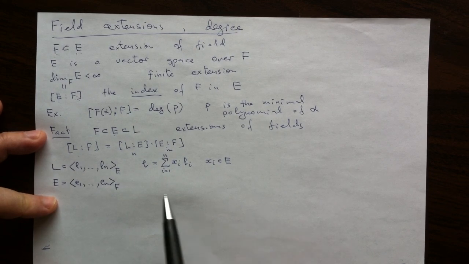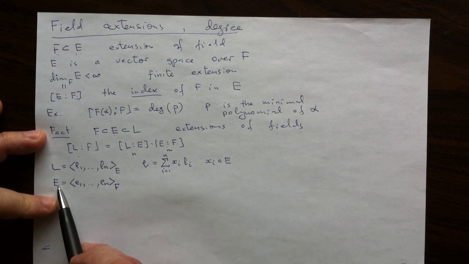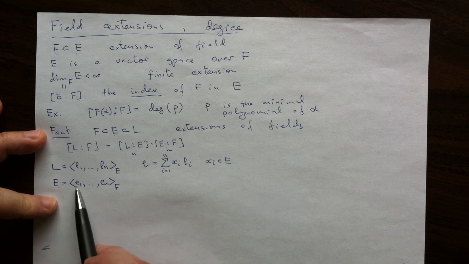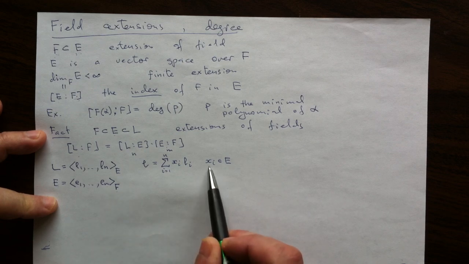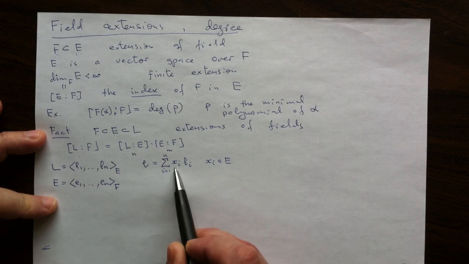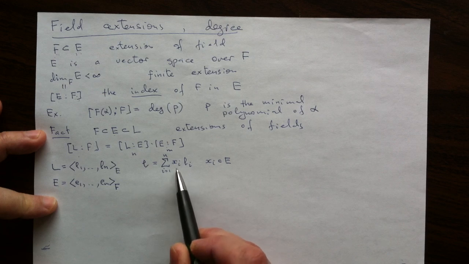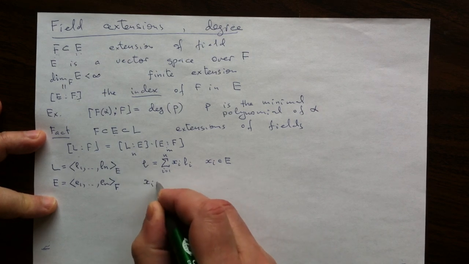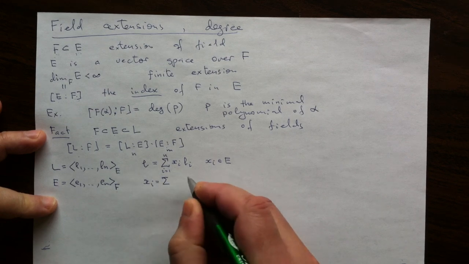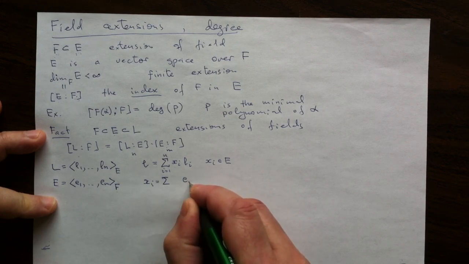And then, again, any vector from E is uniquely a linear combination of these elements of E with coefficients in F. So any element xi we used in this combination, any scalar, is an element in E, and so we can take it and write this unique linear combination of ej's.